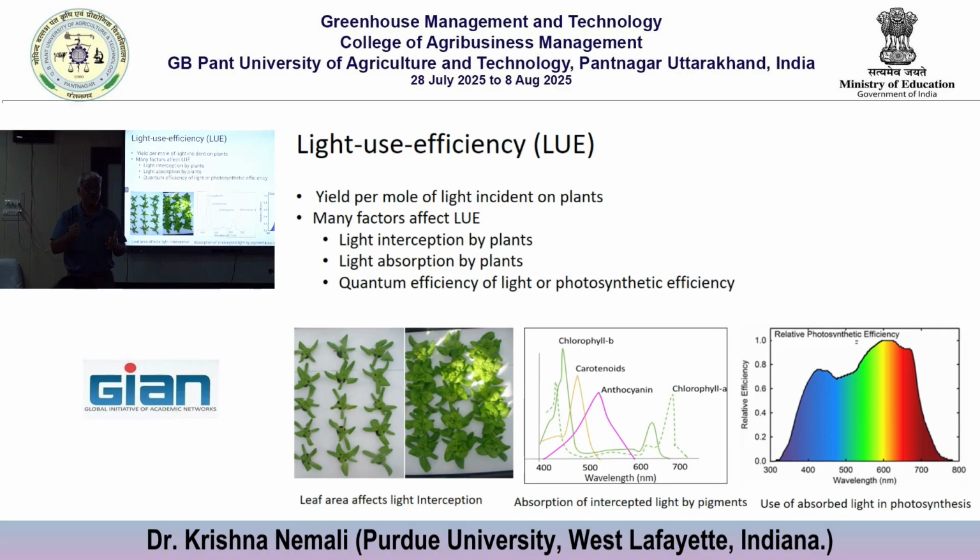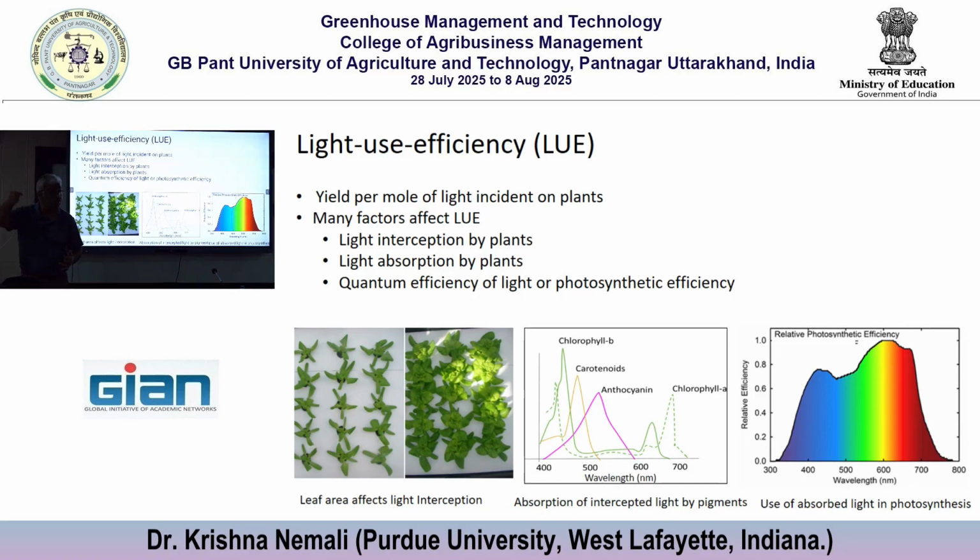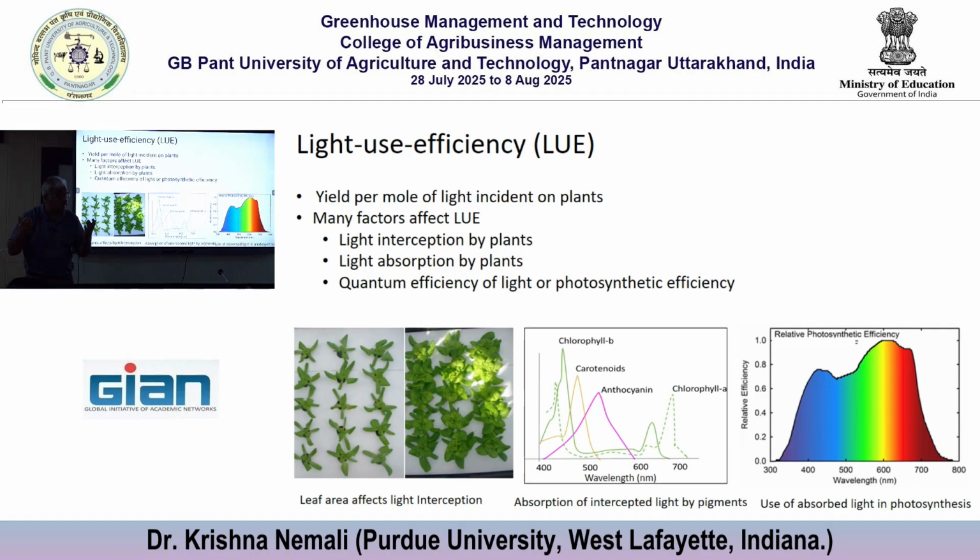So it is expensive. Every photon that comes from that artificial light, ideally you want that photon to be used by the plants. If you have plants here and the light is falling here, it's all wasted. You are paying for that, right?